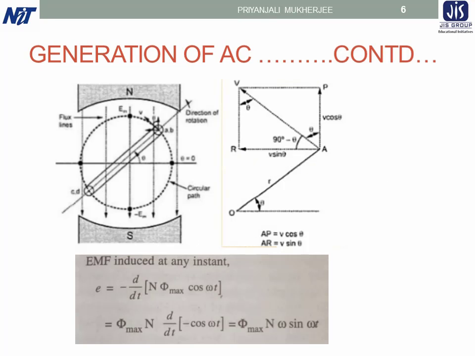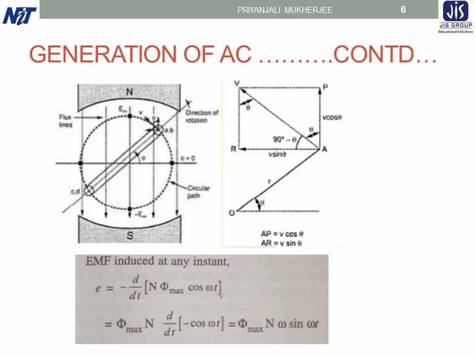So here we consider the coil of n turns rotating in the counterclockwise direction with angular velocity omega radian per second within the uniform magnetic field, starting from the horizontal position. After moving counterclockwise for t seconds, the angle is theta, and the angle through which the coil has rotated in t seconds is theta equal to omega t.